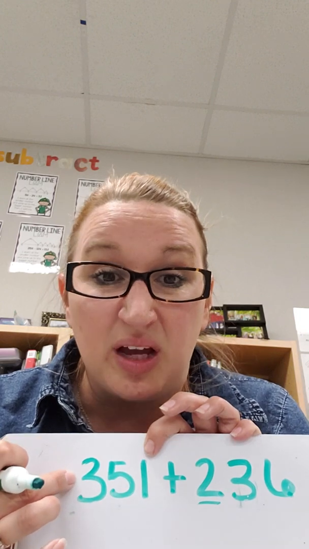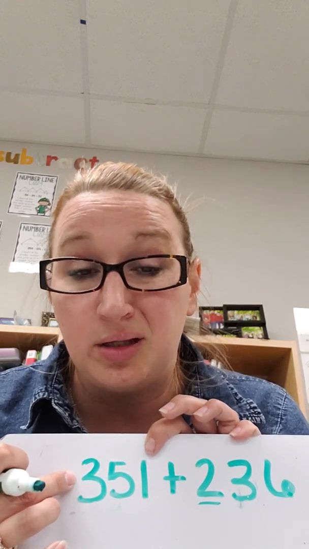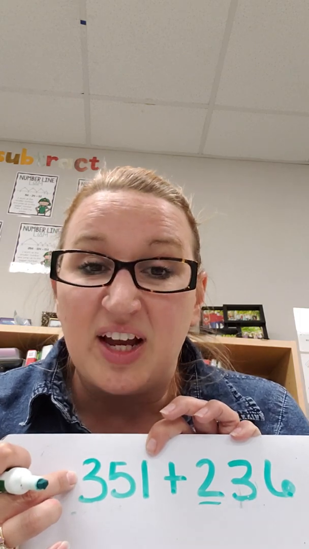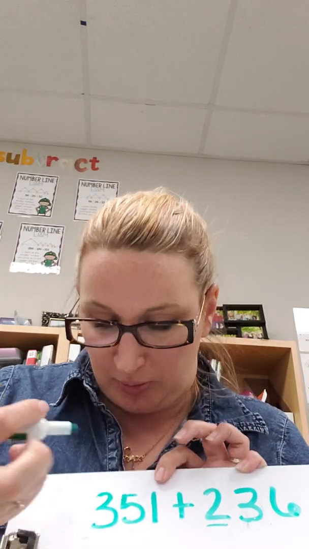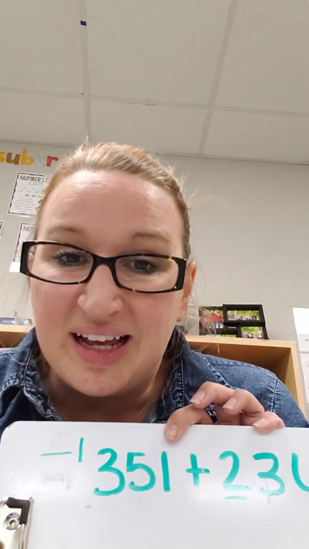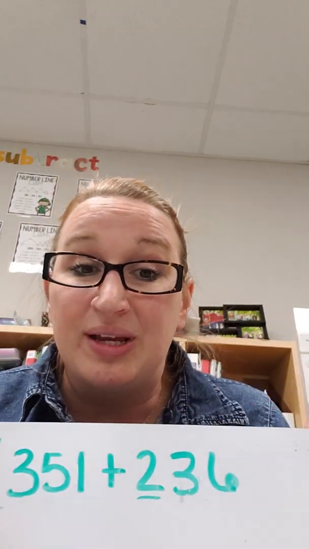So I'm going to look at this 351 because that's pretty close to 350. If I just take 1 away, I'm going to get to 350. So I'm going to subtract 1. Now remember, my last video, if we subtract 1 in addition, we have to add 1 over here. So I'm going to add 1.